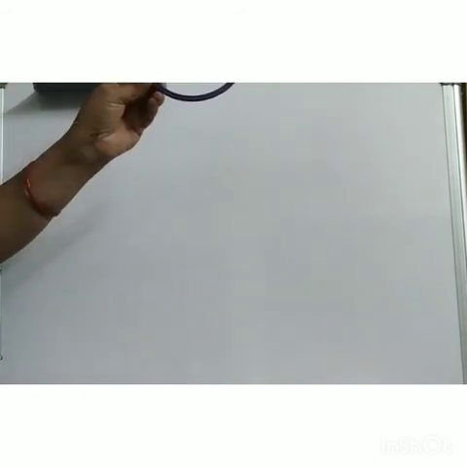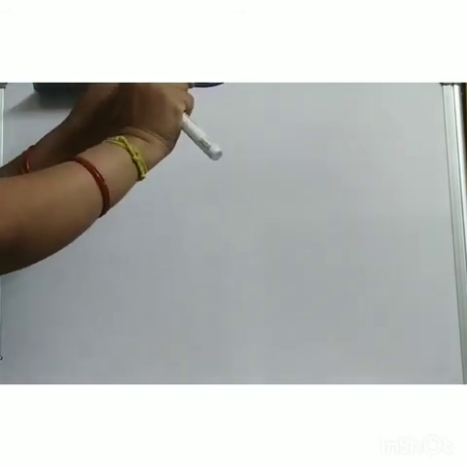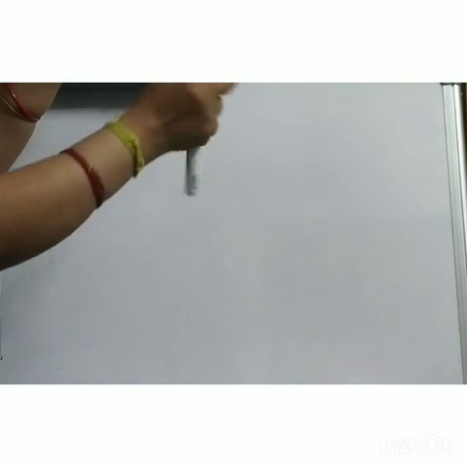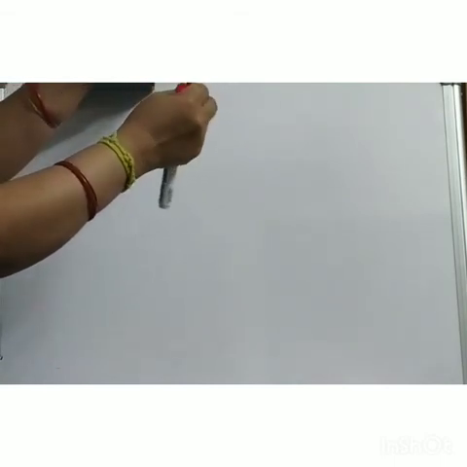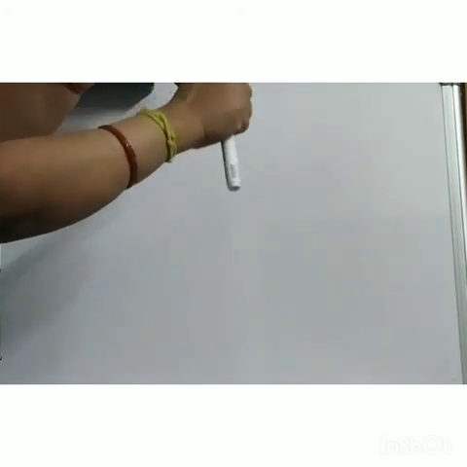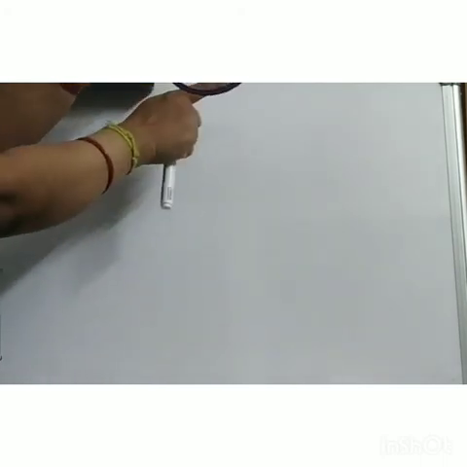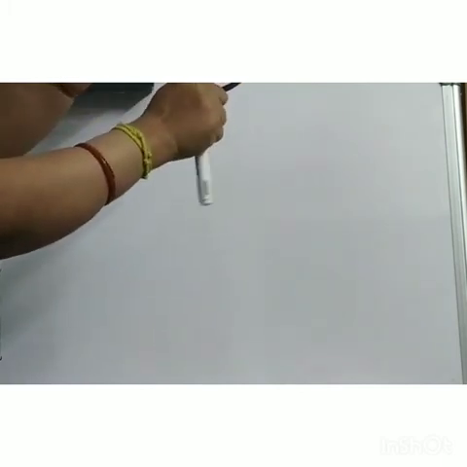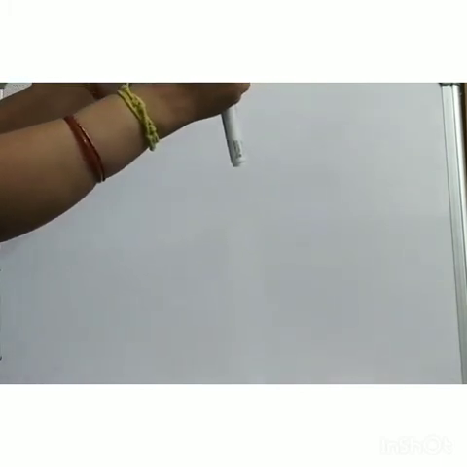Now I am just turning it, with the arrow mark in the same direction. See, this person can see the current flow like this. So for this person, it is in clockwise direction. But for you, it is in anti-clockwise direction.